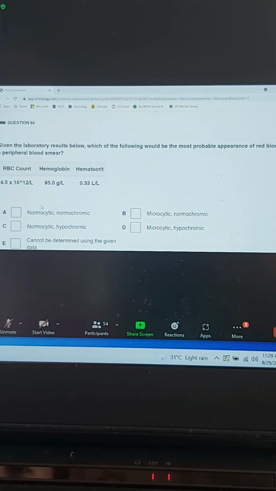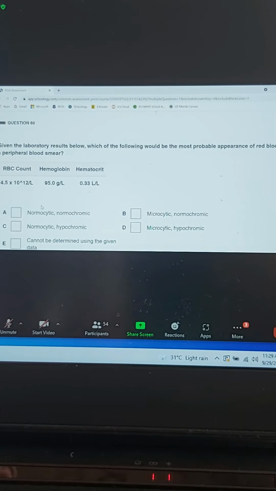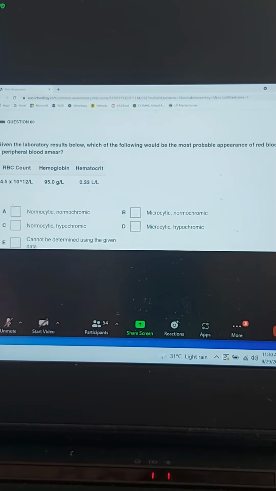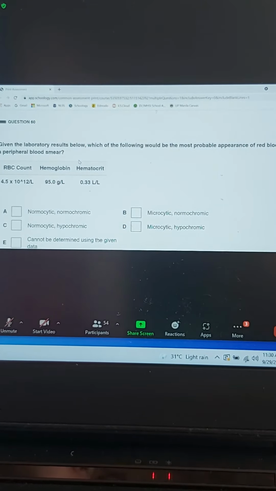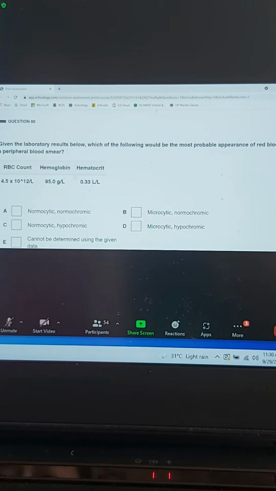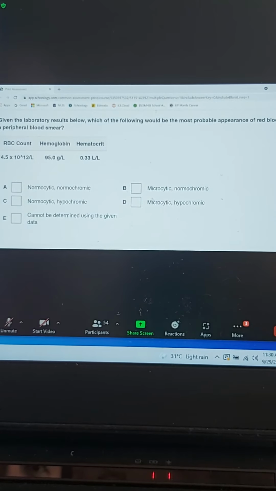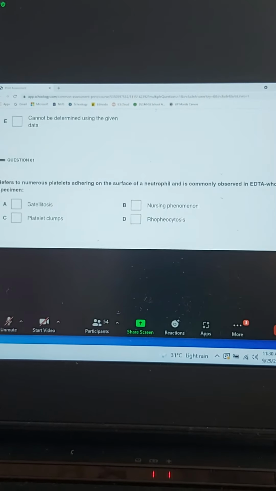Eh ang lower reference limit natin is 32, di ba? So hypochromic siya. So doon mo masasabi na microcytic hypochromic, not by looking at the RBC hemoglobin hematocrit but by computing for the RBC indices. Nakuha ba kung bakit letter D yung sagot? Okay, so you have to compute for the MCV and the MCHC.